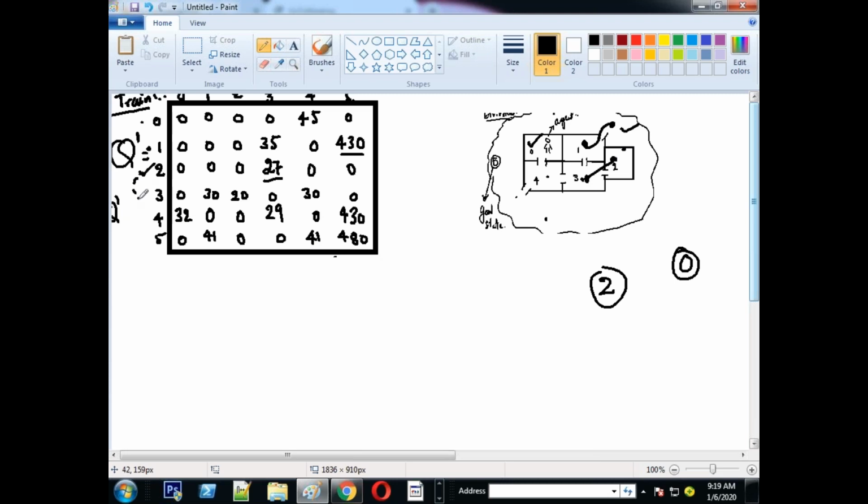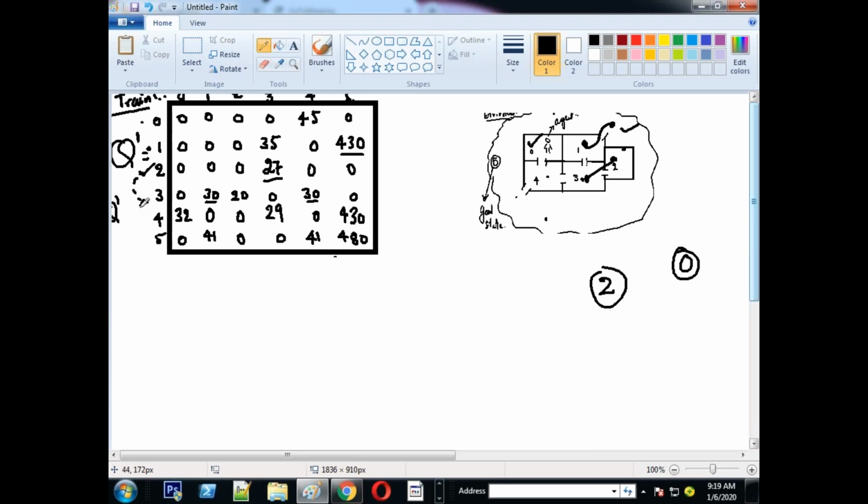Now my state got changed. I am in 3 now. What is the max value? 30 for 2 actions, right? Any one is okay. Always it considers the max value, but here the max value is for 2 actions. Either 1 or 4, randomly it will choose. Think that it has chosen number 4.